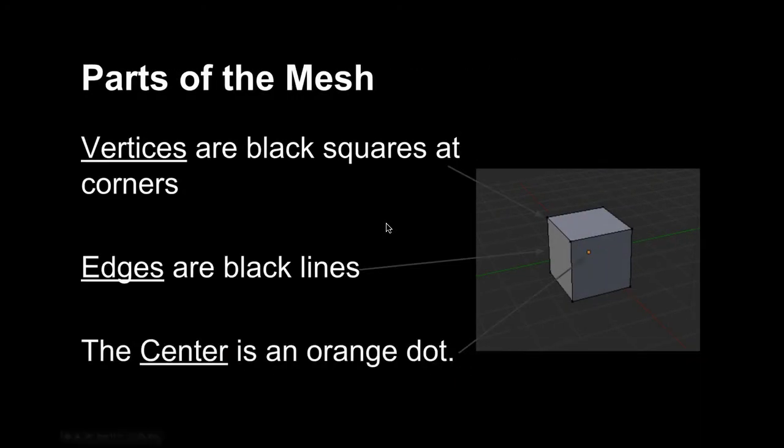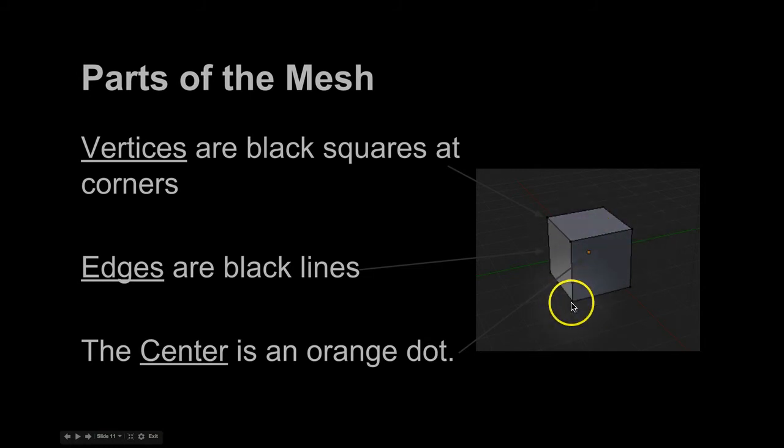Understand the parts of a mesh. In edit mode, you can see the vertices as squares at the corners of your mesh. The edges are black lines. You can also see the center of your mesh as an orange square with a black outline. And the faces are the regions which are enclosed by a loop of edges.